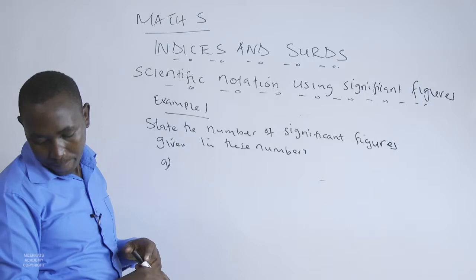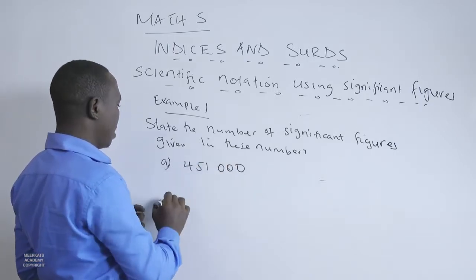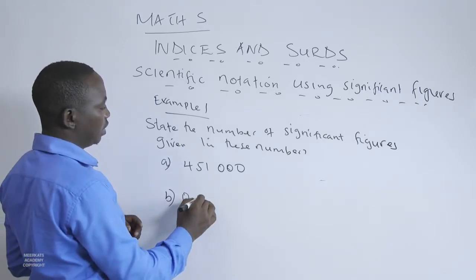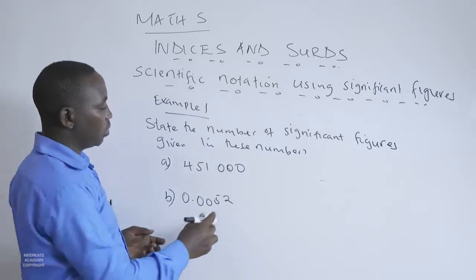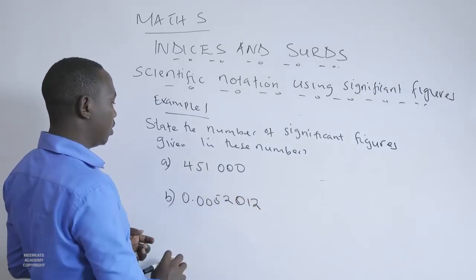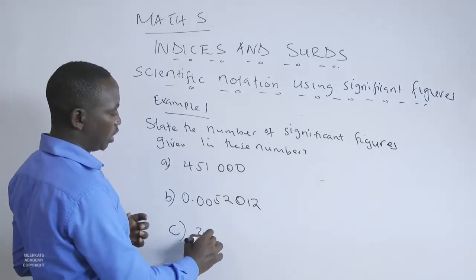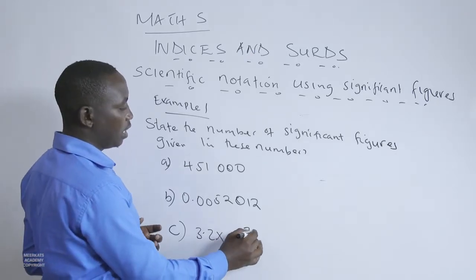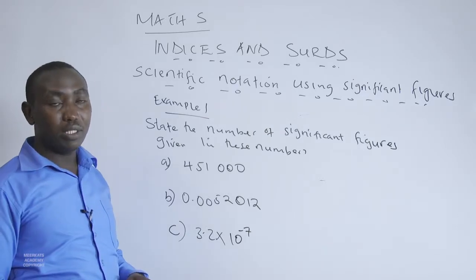Number A, 1,451,000. Number B, 0.0052012. C, 3.2 times 10 raised to negative 7. So these are three numbers.